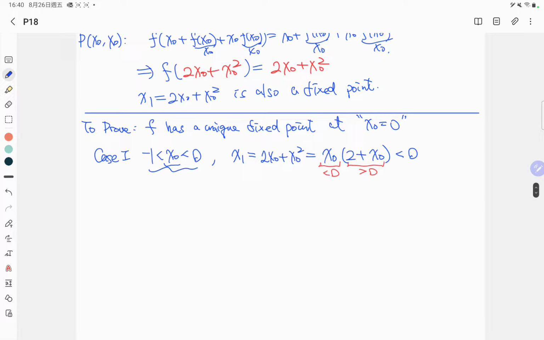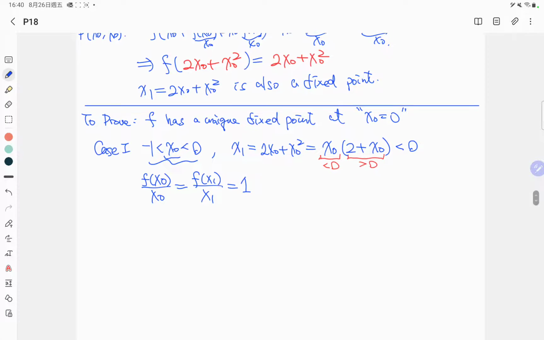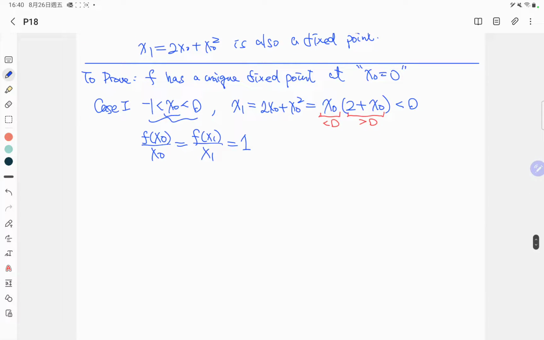However, we have a condition. We can also write f(x_0) over x_0 equals f(x_1) over x_1 equals 1, because they are fixed points. So we divide both sides by x_0 and x_1, and then we get this equation.